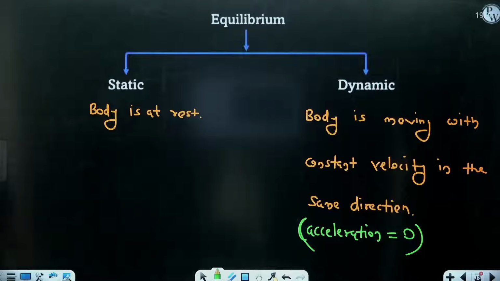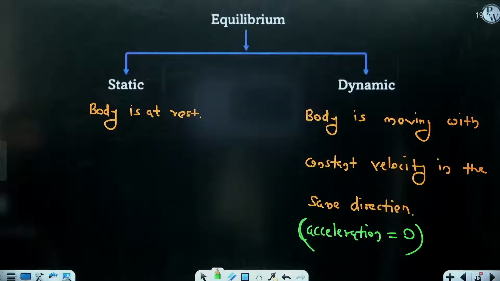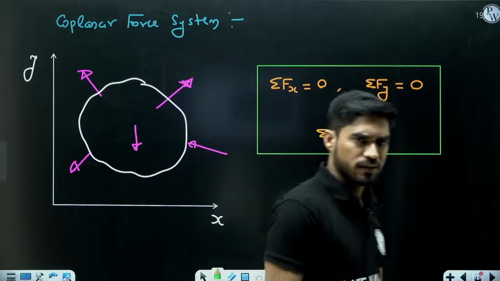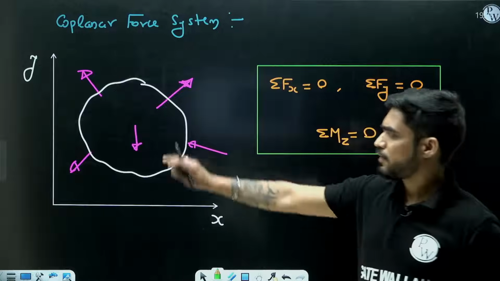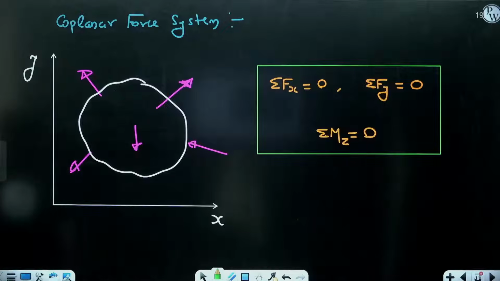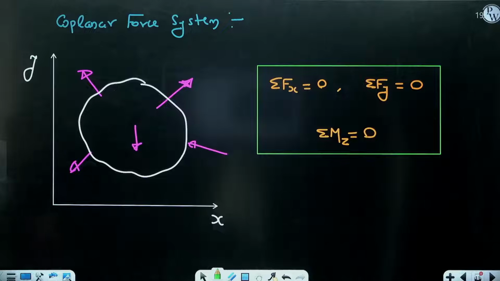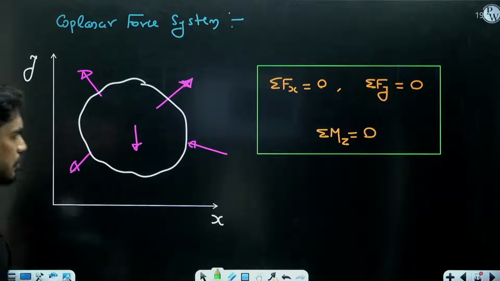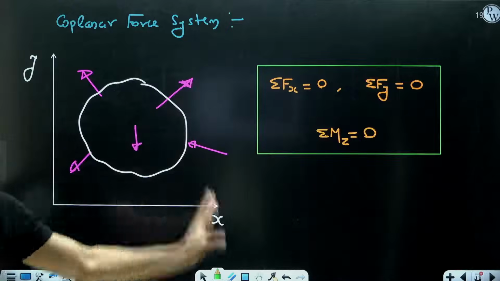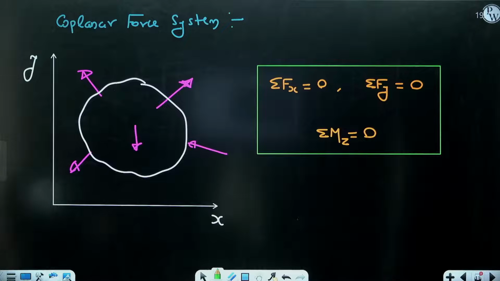Okay? Now, let's say you have a question. You draw the free body diagram of the body. There are 3 reactions which are unknown, and you have 3 equilibrium equations. So by applying these 3 equilibrium equations, you can find out the 3 unknown forces.